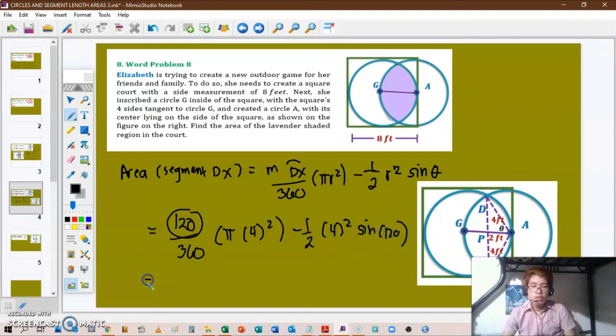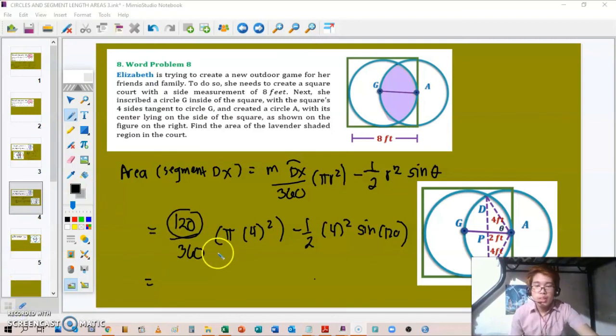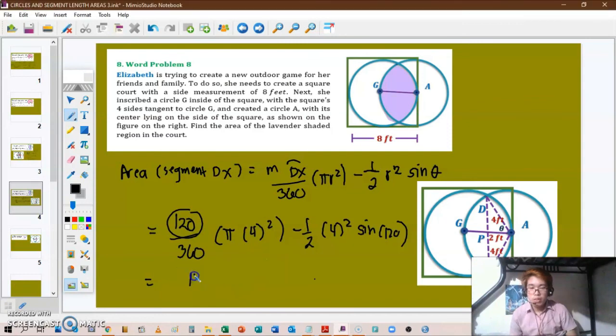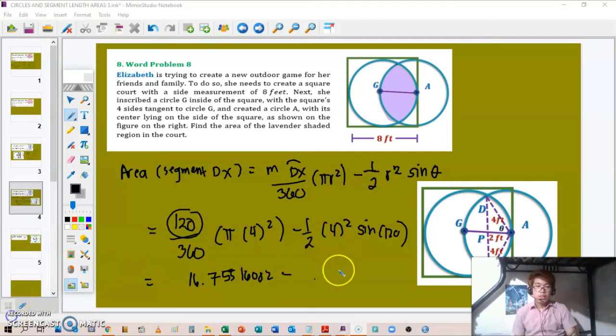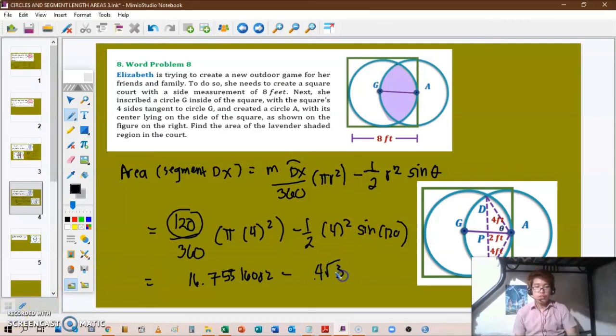Solving for the value of this, 120 over 360 multiplied by 16 pi gives us 16.75516082, and then we subtract the area of the triangle, which is 4 square root of 3. So 16.75516082 minus 4 square root of 3 is the answer.